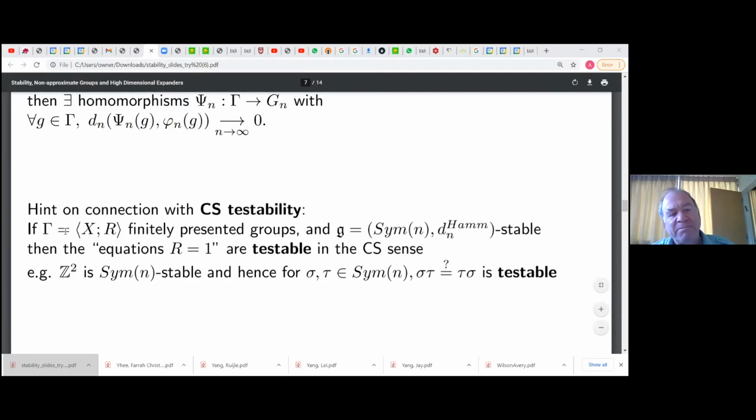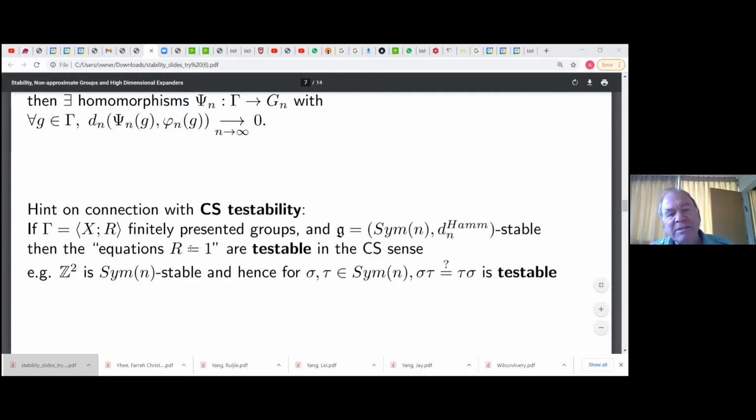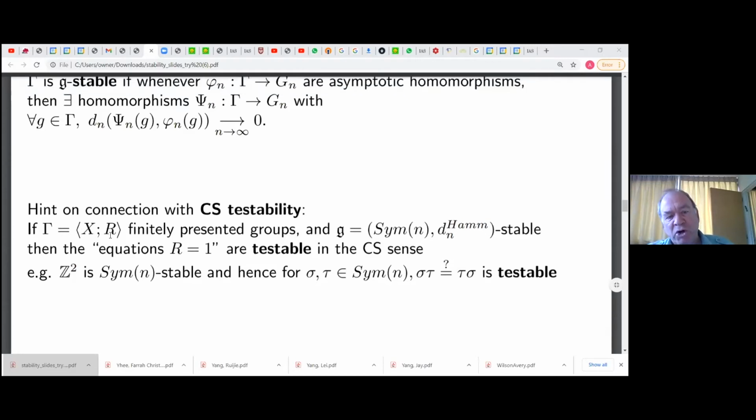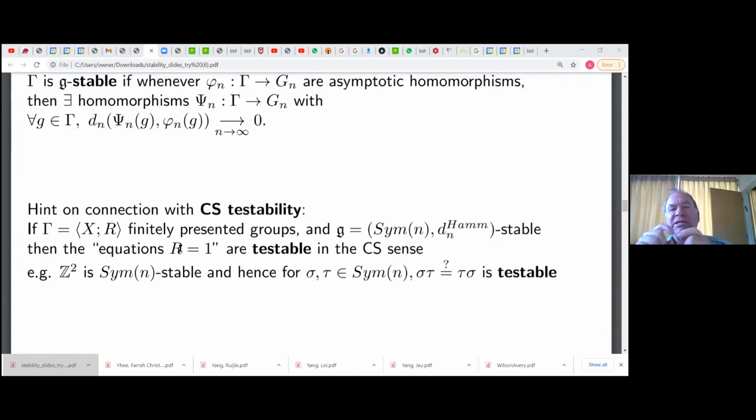If gamma is a presentation by generators X and relations R, and you take G to be, say, the example of the symmetric groups, then what does it mean to be a homomorphism, and what does it mean to be an almost homomorphism? Homomorphism means a map from X to the group Gn such that all the relations are satisfied. The relations are like equations.